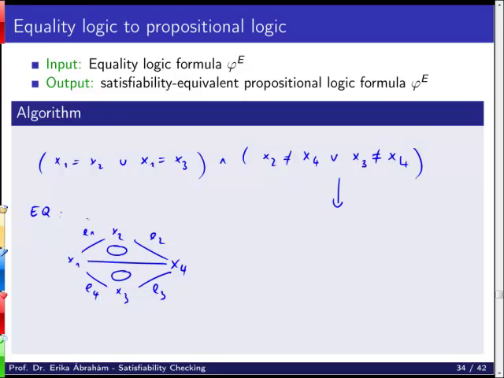Just using these Boolean encodings for the equations: E1 or E4, and not E2 or not E3. Okay, this is the Boolean structure.